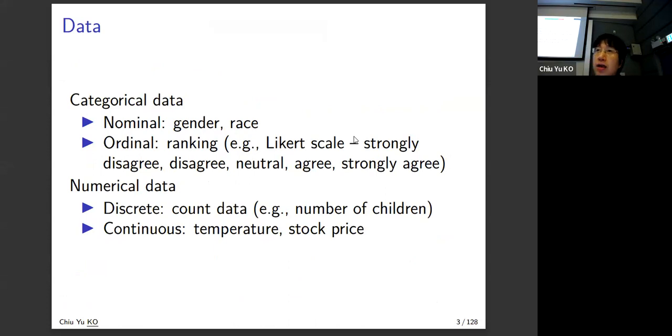So the data, you will probably see different types of data, and you would often think it's a trivial classification. Why do we care about this? The reason is, first, if you do graphical representation, different types of graphs require different types of data, right?